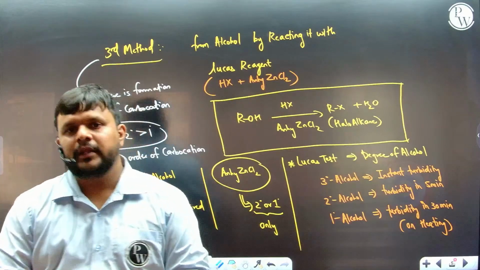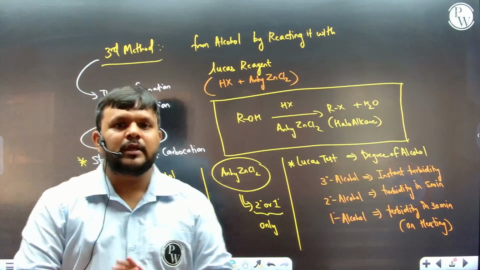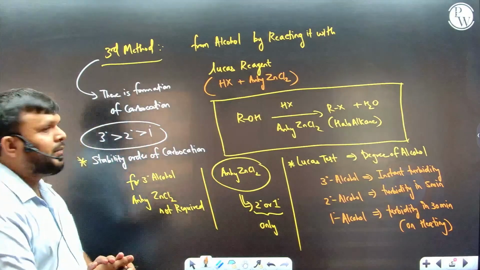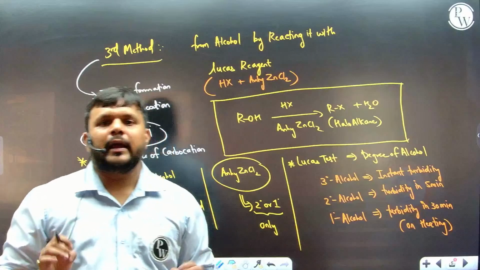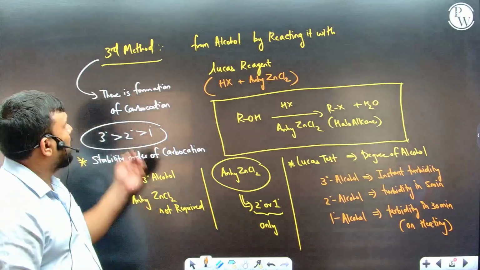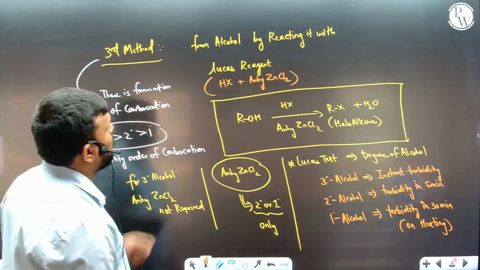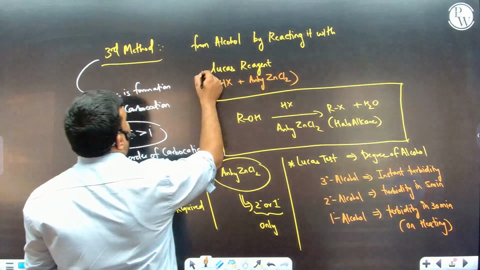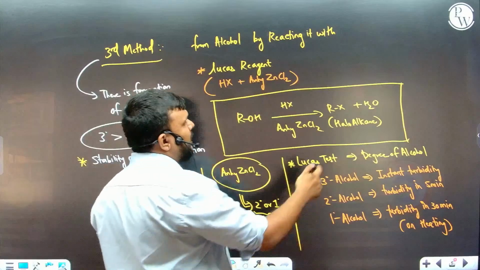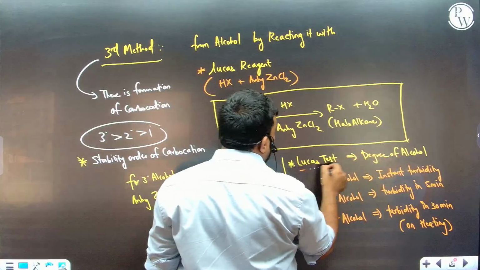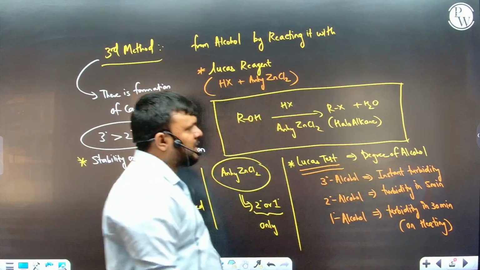SOCl2 plus pyridine, it will follow SN2 mechanism. The second method was alcohol reacted with PCl3, PCl5. And the third method was alcohol reacted with Lucas reagent, that is HX plus ZnCl2, and this is also a test for identifying the degree of alcohol, and we call it the Lucas test.